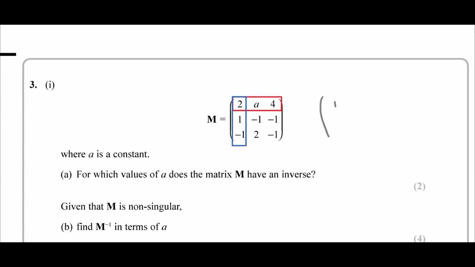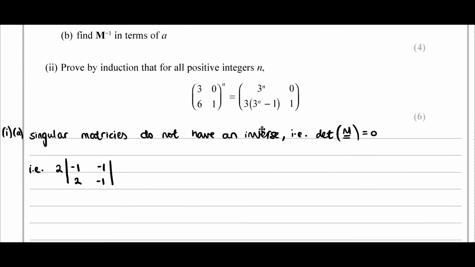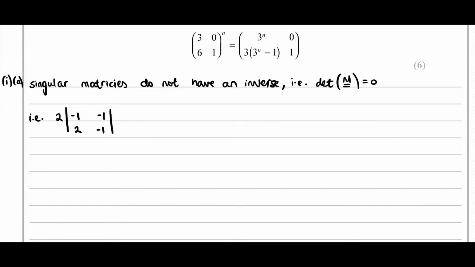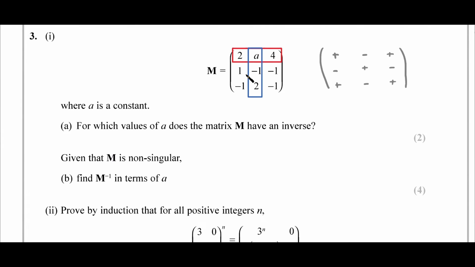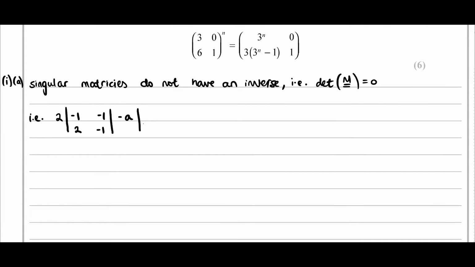We have plus, minus, plus, minus, plus, minus, plus, minus, plus. And we'll also be using this in a separate part of the question. And then if I move this blue box, then we have minus a lots of the determinant of the rest. So we have 1, -1, -1, -1.